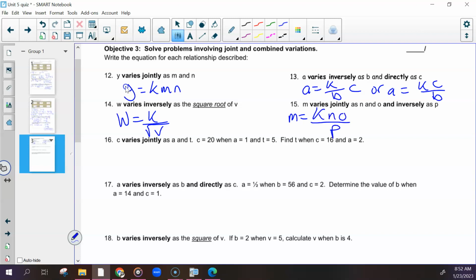So again, that was worth 2 points. Did you do the jointly part right and the inversely? Questions on those 4 before we move on?